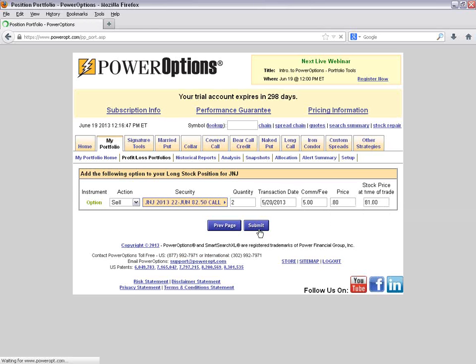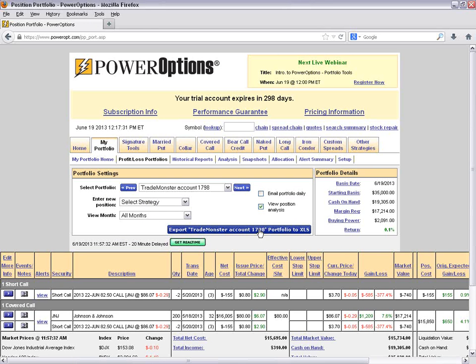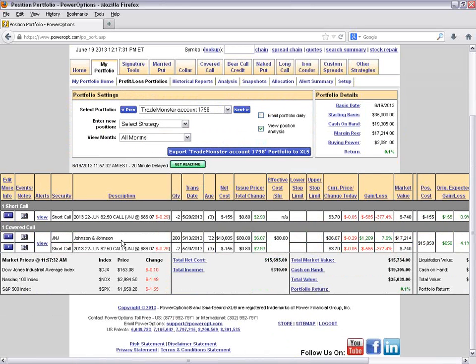And now we have a different view. We're seeing the position as a linked position. I don't know about you and what portfolio or what broker you're using. One of my accounts, my retirement account essentially that I trade married puts, collars, and some other things with, is at Fidelity.